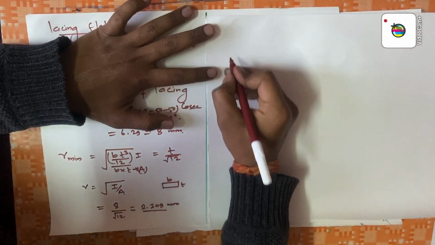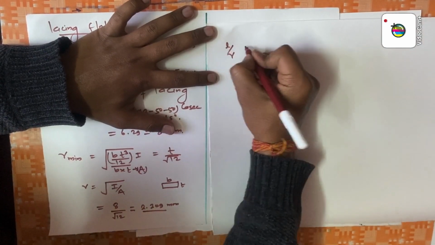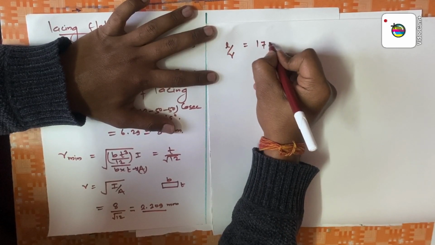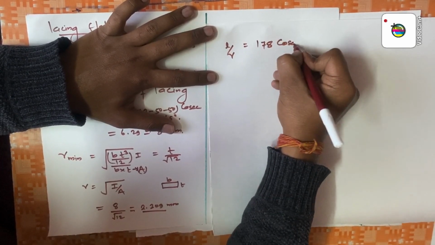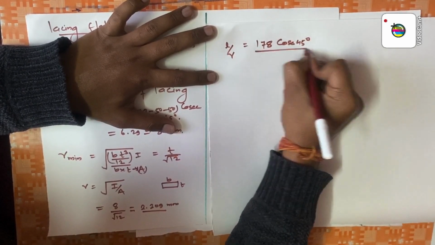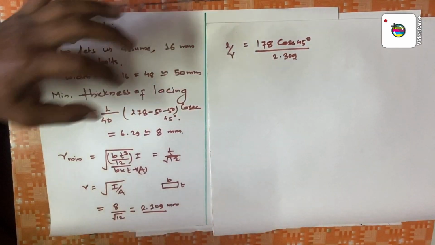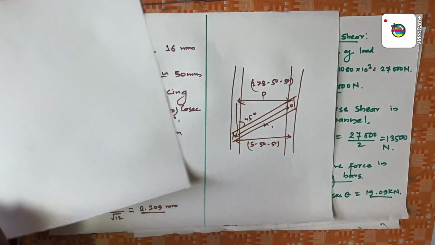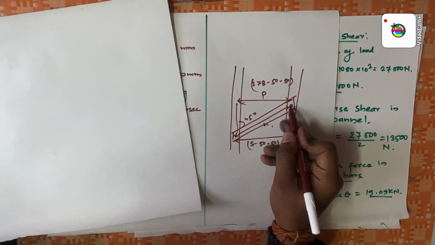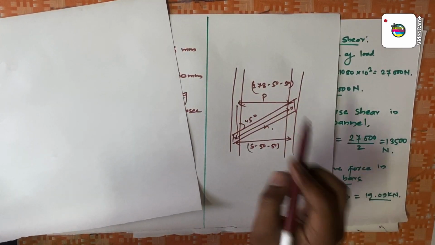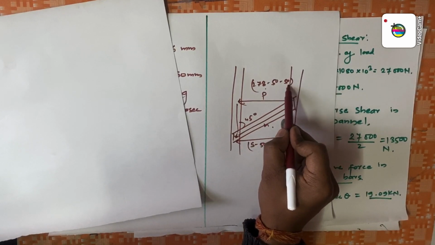Now we have to find the value of L by r. So L is 178 cosec 45 degree by 2.309. I have already told you about the length of the lacing plate. The length is 278 minus 50 minus 50 cosec 45 degree.